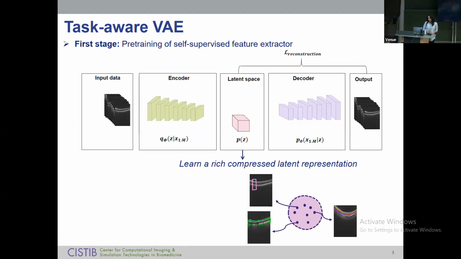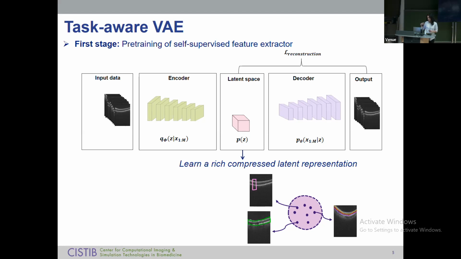To do this, we propose a task-aware variational autoencoder, which comprises 2 stages. The first one is the pre-training of a self-supervised feature extractor, and the second one is the fine-tuning of the task-aware variational autoencoder, which I'm going to show you in a moment.